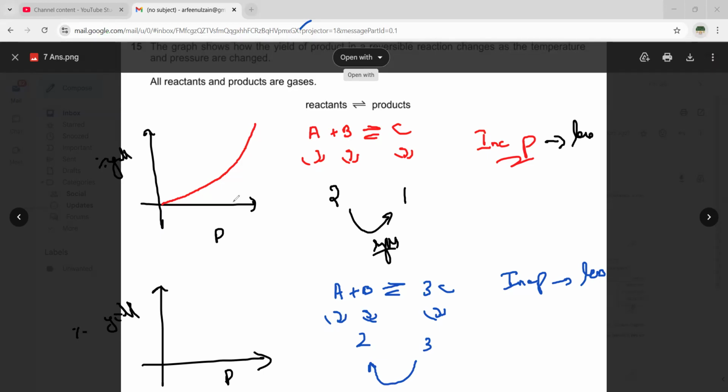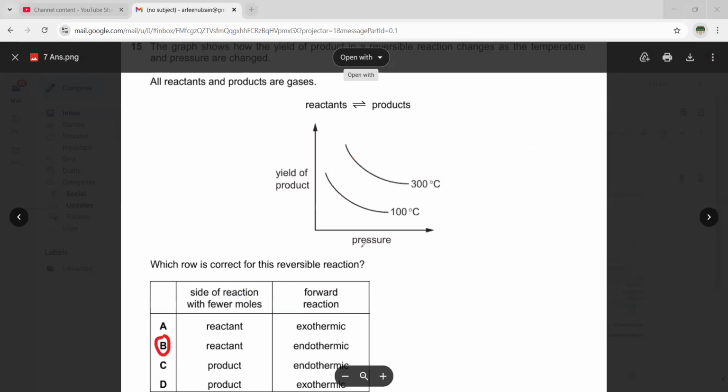So what will be the shape of the graph? This will be the shape of the graph. This is always the same. So whenever you have a reversible reaction and you increase the pressure and the yield is decreasing, it means the reactant has fewer moles and the product has more moles.